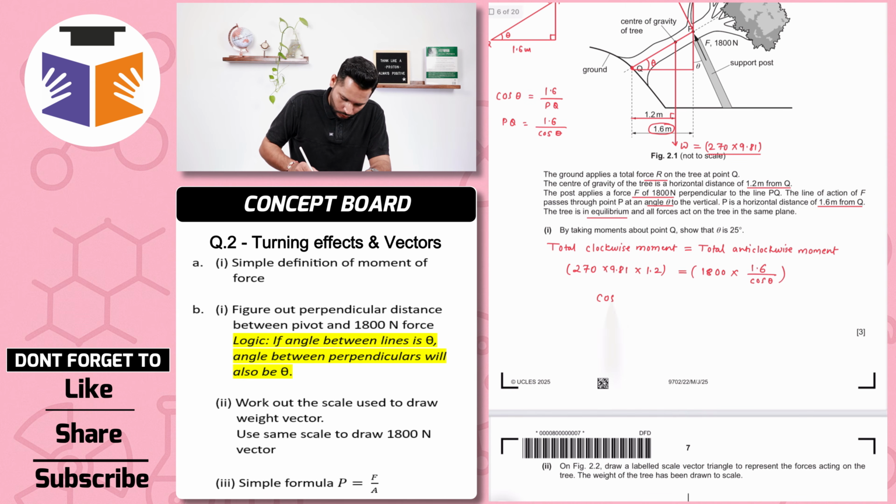Now cos theta will be equal to 1800 × 1.6 divided by 270 × 9.81 × 1.2. Now if you solve this, 1800 × 1.6 divided by 270 × 9.81 × 1.2, we get 0.906. So theta is cos inverse of 0.906.